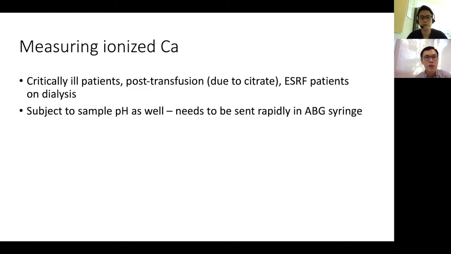And also if the patient has received multiple transfusions, because of the citrate content that will bind to calcium, you would want to assess the ionized calcium. And then also for ESRF patients on dialysis. And ionized calcium is sent in the ABG syringe. So as per an ABG, you need to send it quickly and on ice to avoid the pH changes that will affect the binding to the proteins in the blood.